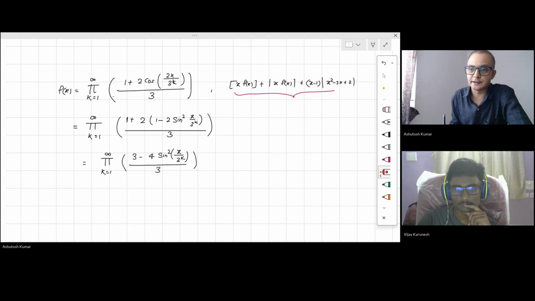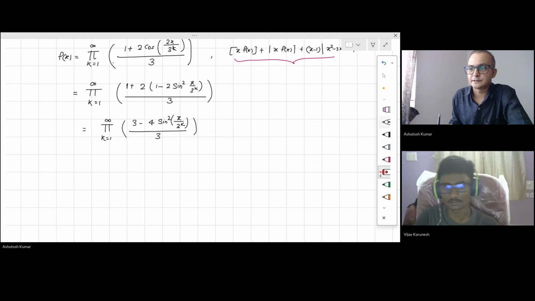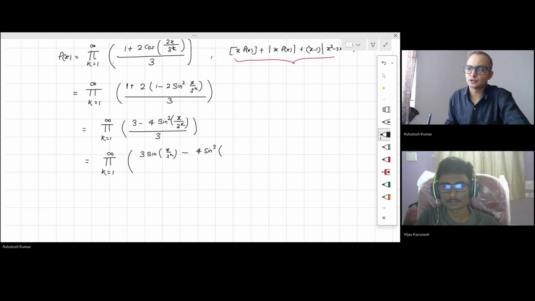Because I can multiply and divide by sine x to the power 3k, correct? Yes, sir. So what we get inside is k goes from 1 to infinity, 3 sine (x by 3 to the power k) minus 4 sine cubed (x by 3 to the power k), and whole divided by 3 into 3 sine (x by 3).